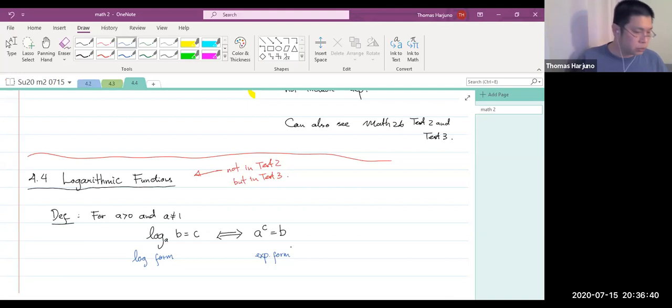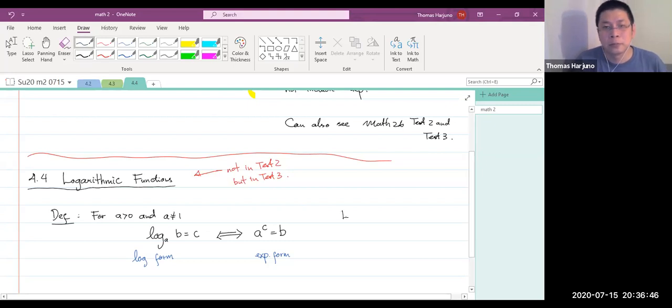Now let's do some examples just to get used to this. I'll take problems from the book. Number 2. The question is change to log form.